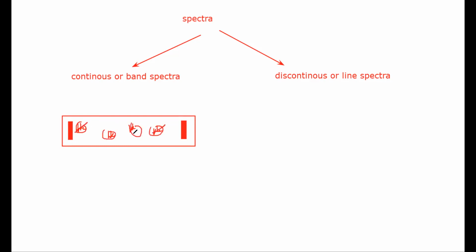When these atoms vibrate, some are giving 2 joules of energy, some are giving 3 joules, some are giving 5 joules, and some are giving, for example, 8 joules of energy. So you will have a range of energy from 2 joules to 8 joules.